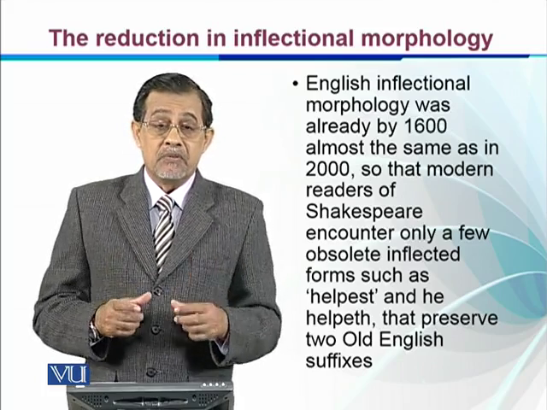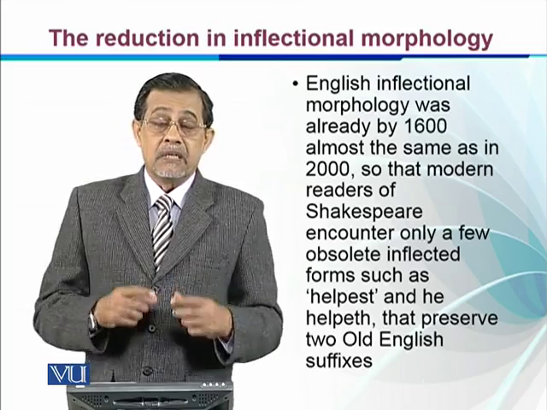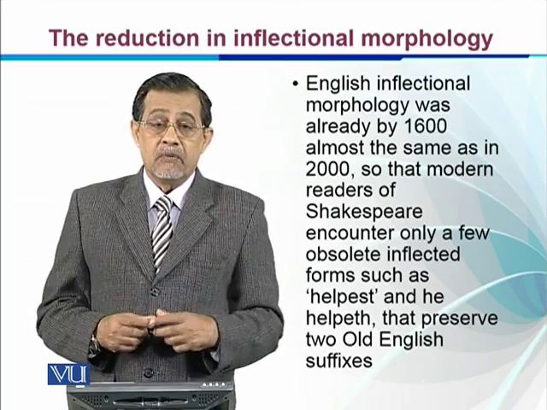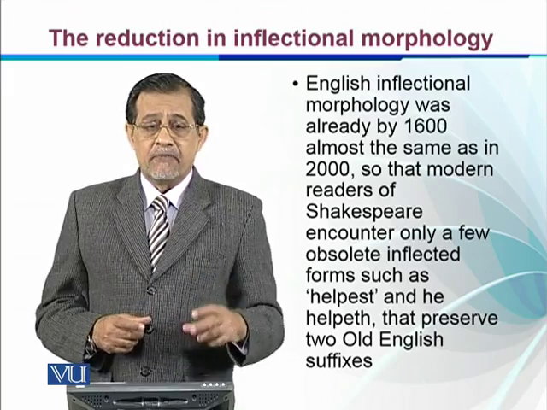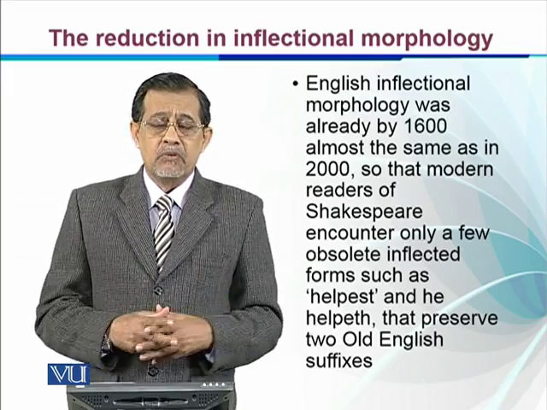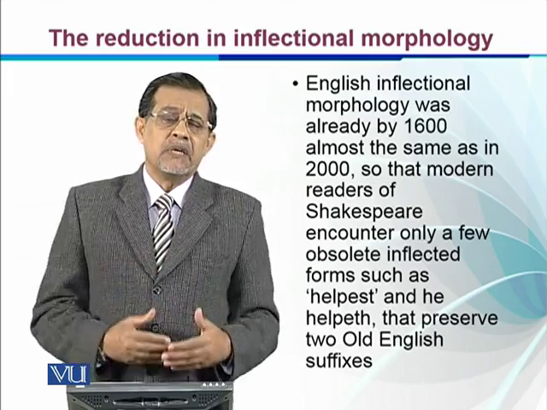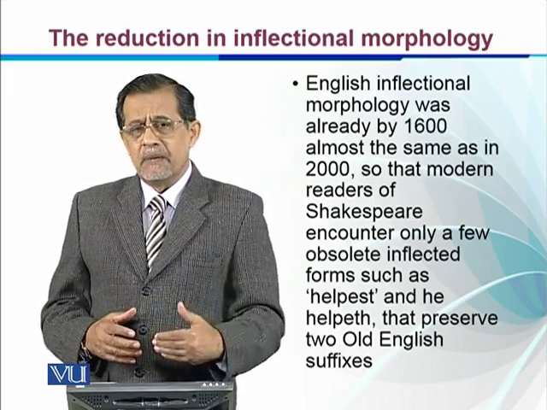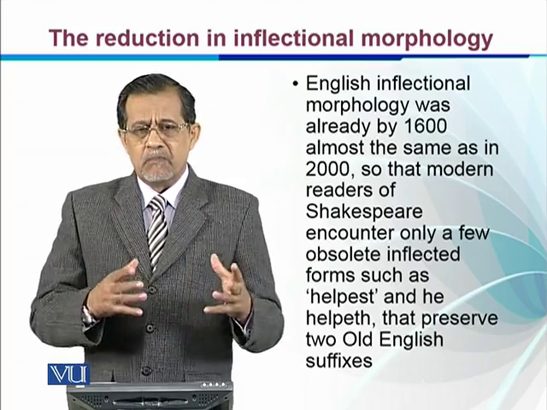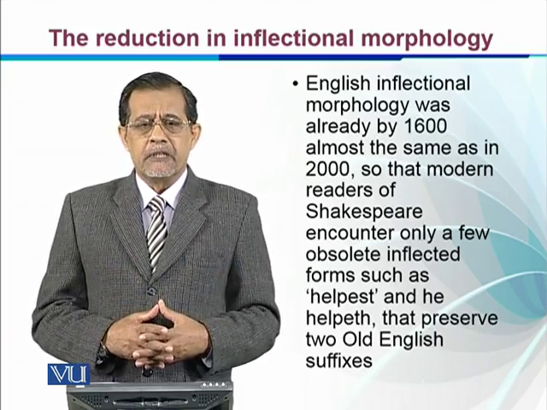So the only two suffixes that we can still see different in Old English, in English of the 16th century and English of the 2000 are these two suffixes. So this is how English has reduced its inflections over the passage of time, and mostly under the influence of the French language.